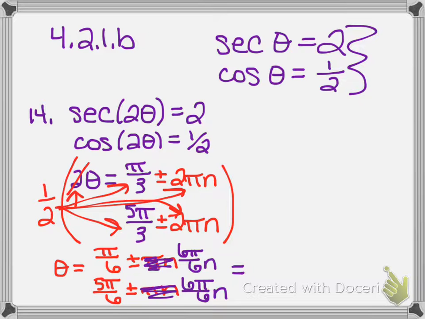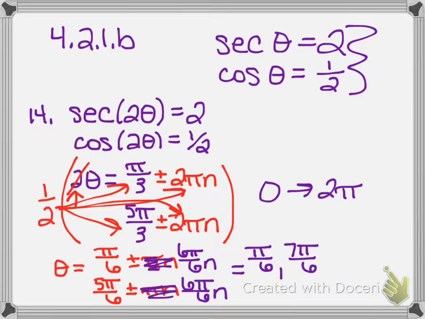And so now we can generate our final list of answers between 0 and 2 pi. So our first general solution gives us pi sixth as the primary answer. If we add 6 pi sixth to it, we get 7 pi sixth as our next answer. And we don't add any more, because the next one we would have added would have become 13 pi sixth, which is bigger than 2 pi.